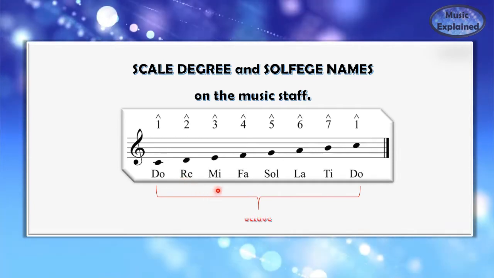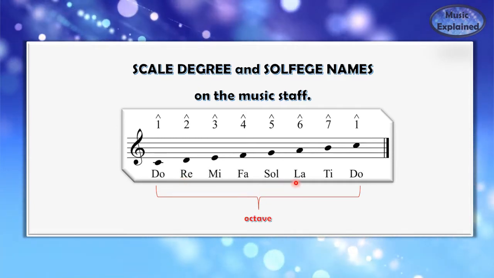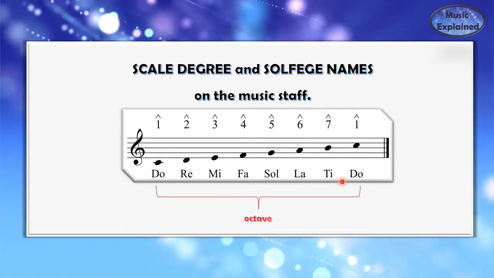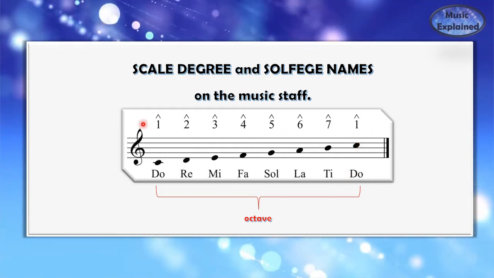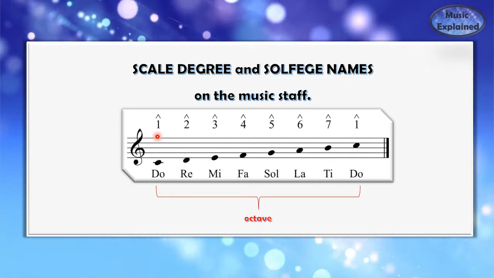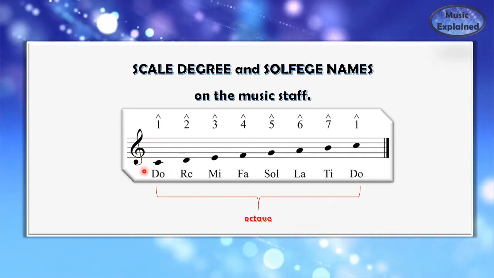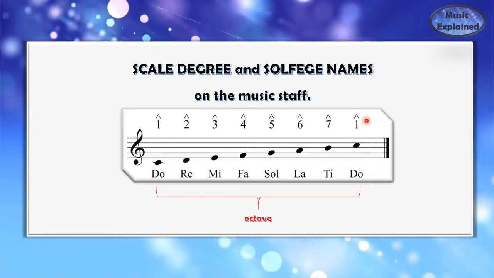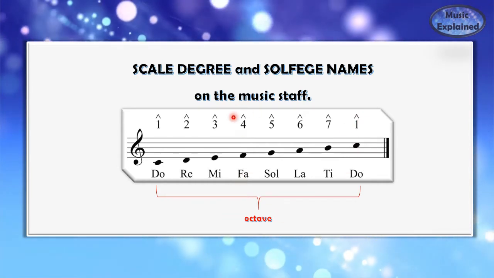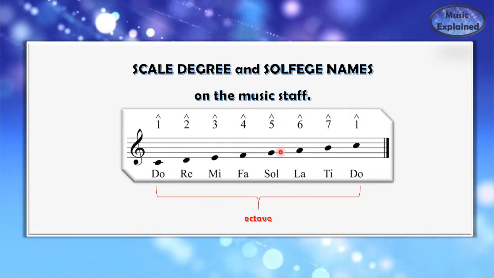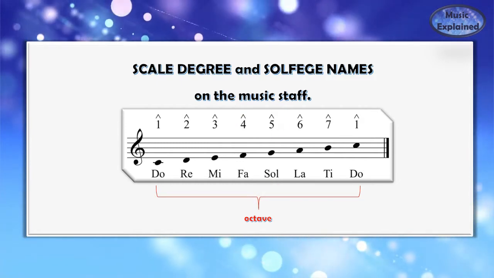Do, re, mi, fa, sol, la, ti, and do. And as you can see, we have the tonic 2 times over here. So whenever we see do in C major, it's gonna be a tonic. Fa is gonna be a subdominant, and sol is gonna be a dominant.